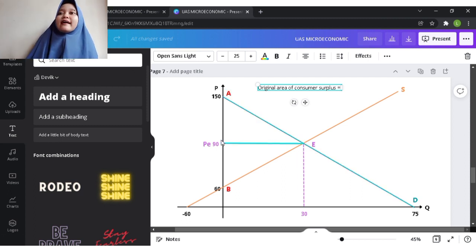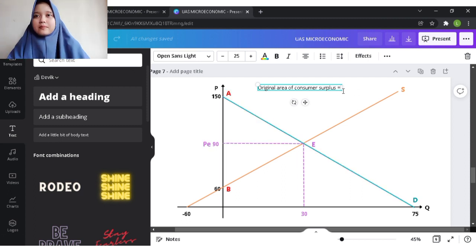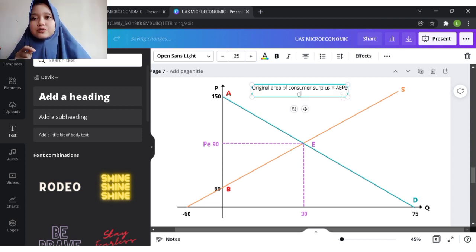So in this case, the area of consumer surplus is A, E, PE, and then the area of producer surplus. Basically, producer surplus arises if the producer can sell the good for less than the equilibrium price, the price in the market.